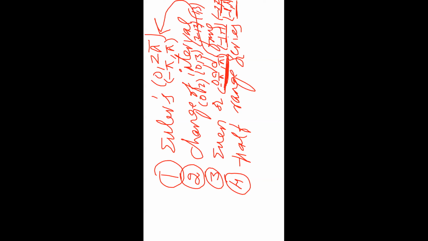So except Euler's limit and except even odd limits, all remaining limits are contained in the change of interval. How to identify the half range series?